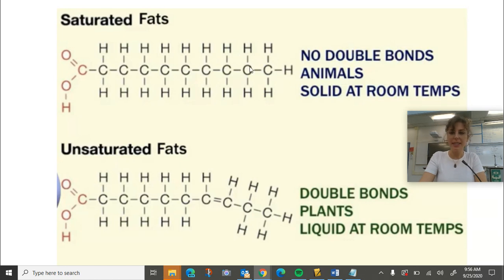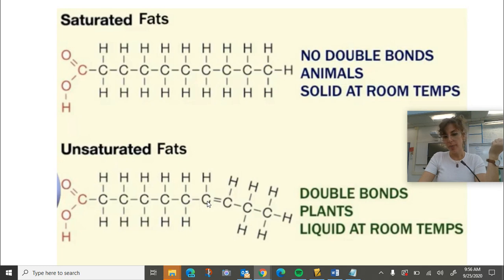So these guys, because there are no double bonds and there's no kinkiness to their chain, they are solid at room temperature. Why? Because they just stack right on top of each other, okay? Because there's no kinkiness in their chains, they're able to just stack right on top of each other. So these are fats that are typically formed in animals, and they tend to be solid at room temperature, comparing now to our unsaturated fats, okay? So in unsaturated fats, we can see there's a double bond right here.